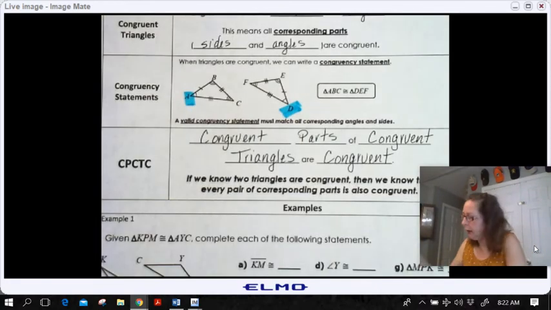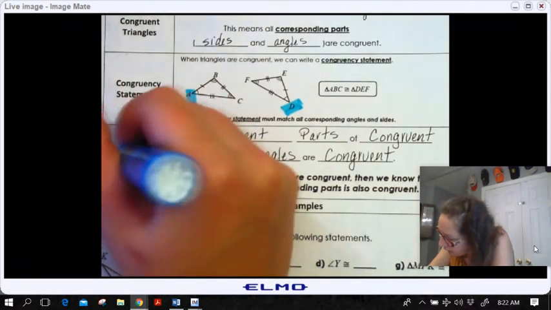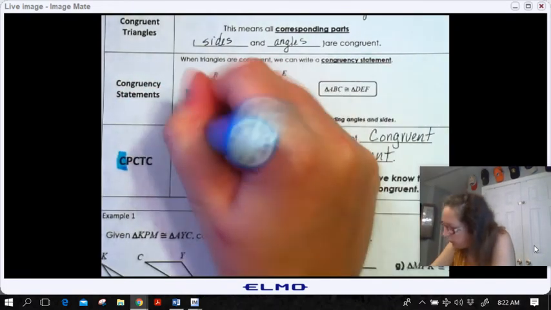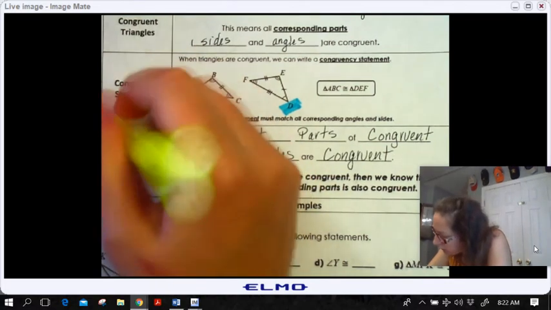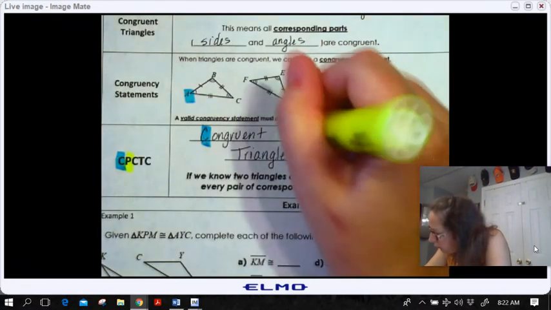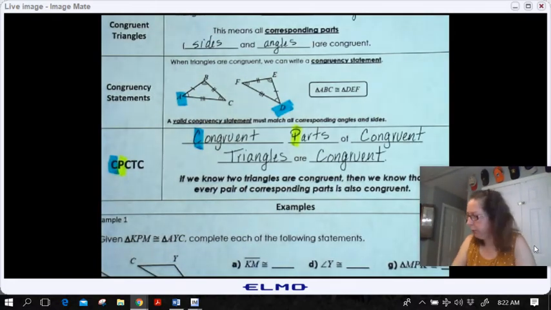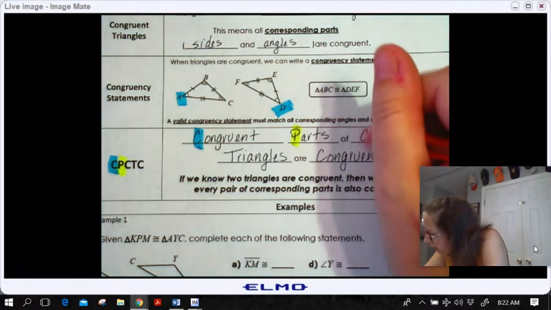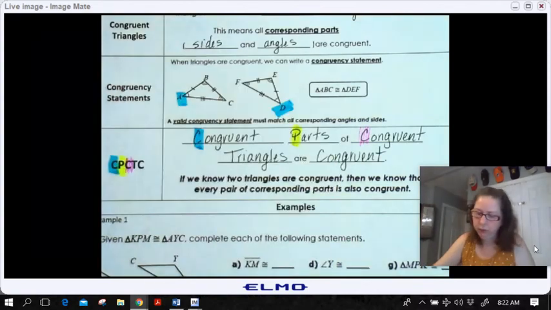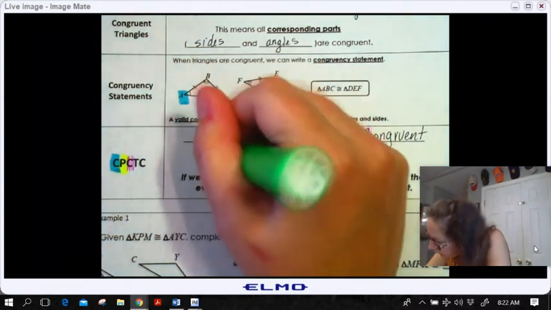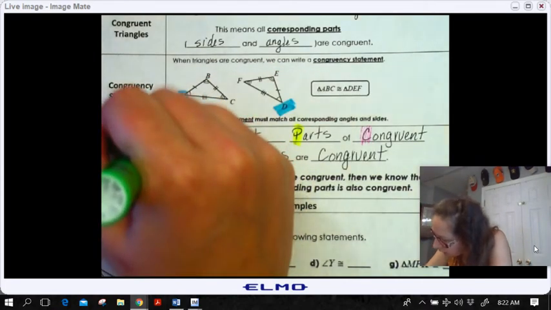So we just write C, P, C, T, C. That's how we do it.